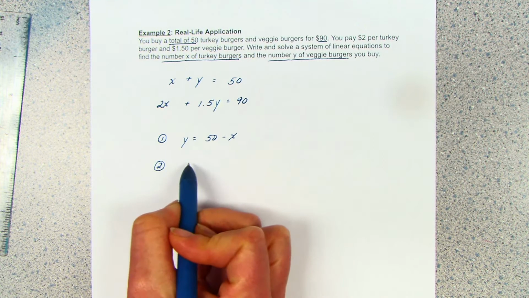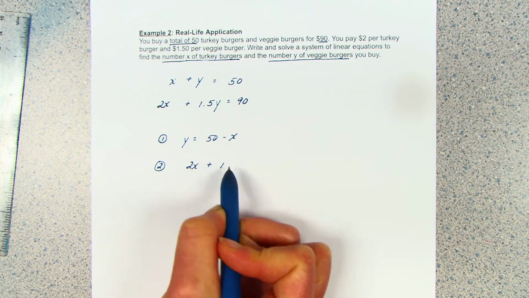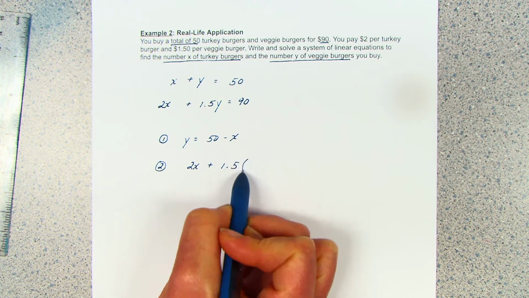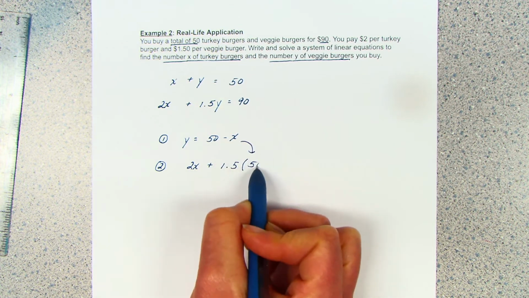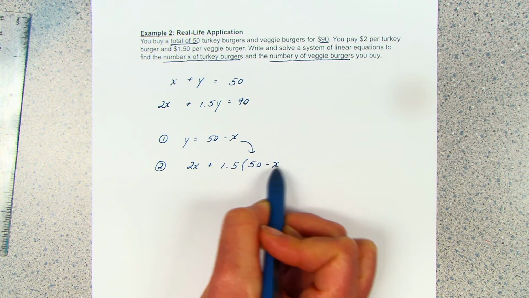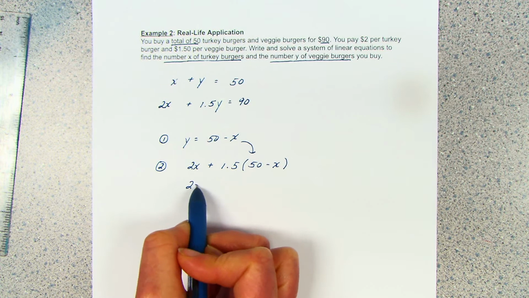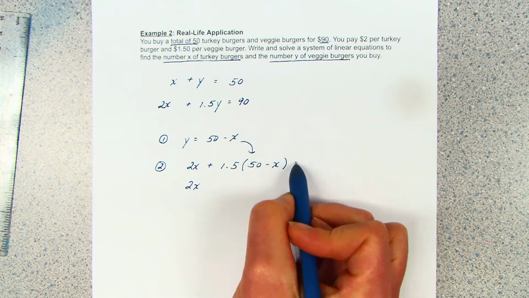Let's put it here. 1.5 times, this is y, 50 minus x. So now, what did I just do? Oh, equals 90.